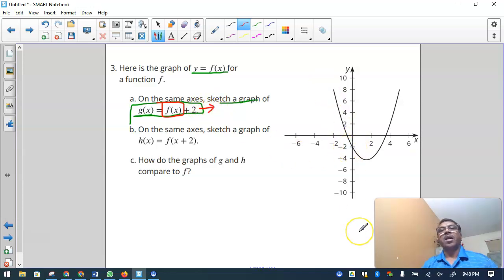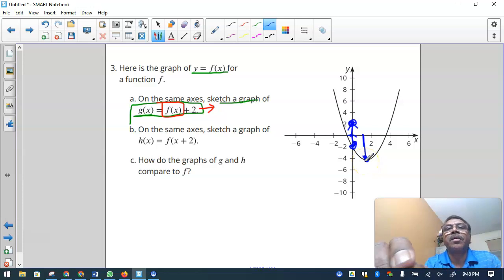So if this is the graph, this point will move two places up. So you go 1 and you go 2 to this part, so that moves right here. Then I can think of this point, maybe at 1 and negative something, I don't know.